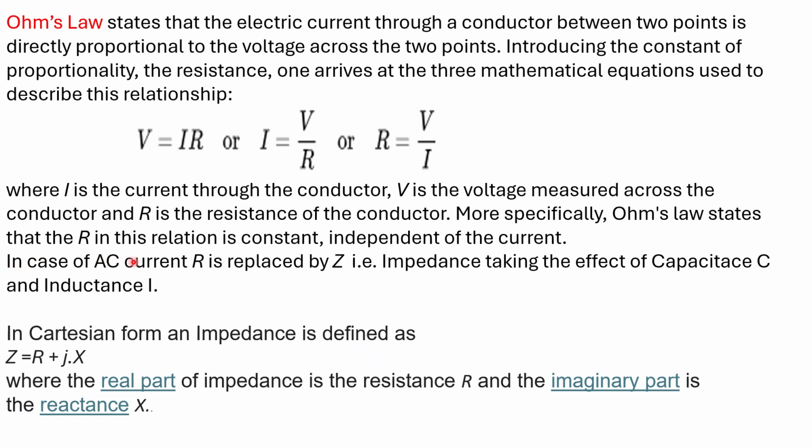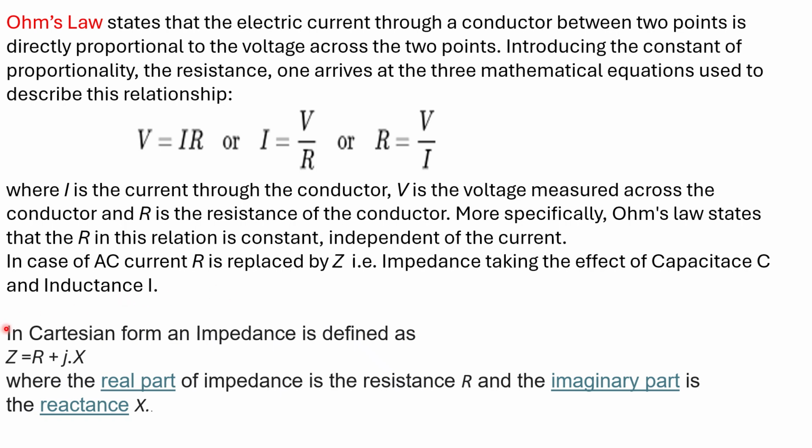In case of AC current, R is replaced by Z. In place of resistance, we say Z, which is impedance. That is impedance, taking the effect of capacitance and inductance of an AC circuit.